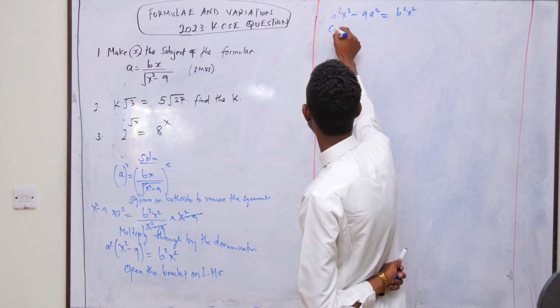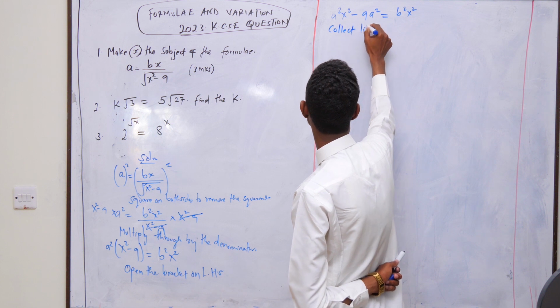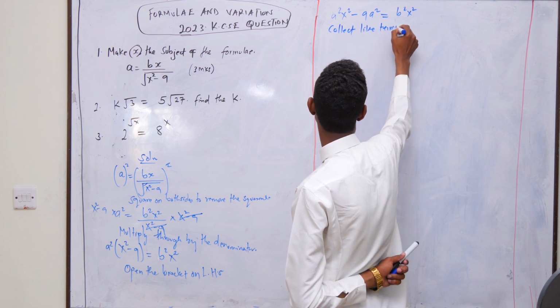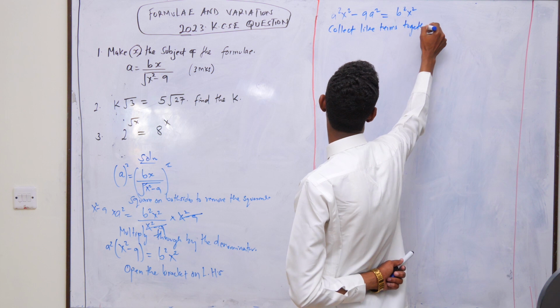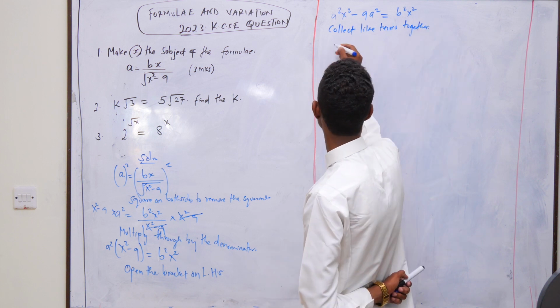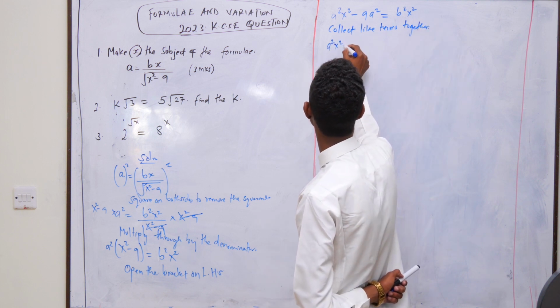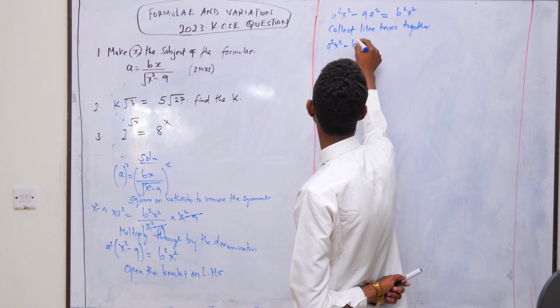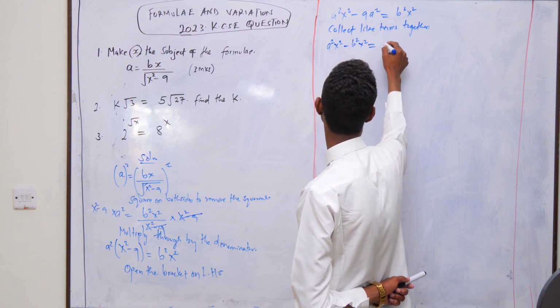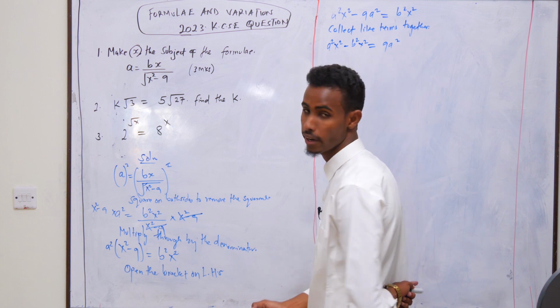Next, collect like terms together. What are the like terms here? a squared x squared minus b squared x squared is equal to 9a squared.